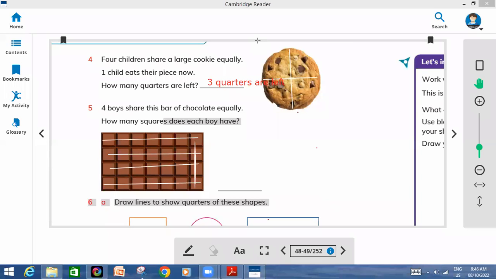So we can say, how many squares does each boy have? 7 squares each boy will have from the chocolate.